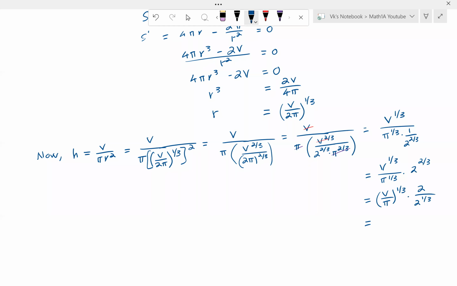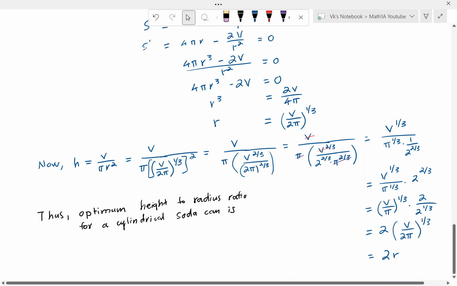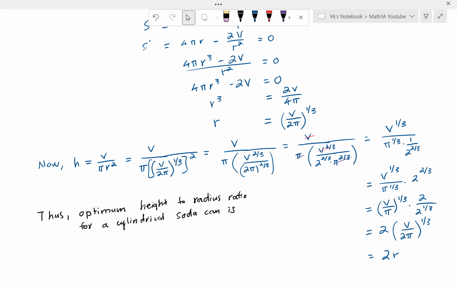So what this tells us is we have 2 times v over 2 pi to the 1 over 3. And it is exactly 2r. Oh my God, look at this thing here. Pretty cool, huh? So the optimum height to radius ratio for a cylindrical soda can is h over r, 2r over r, and that is 2 over 1 or 2 by 1.